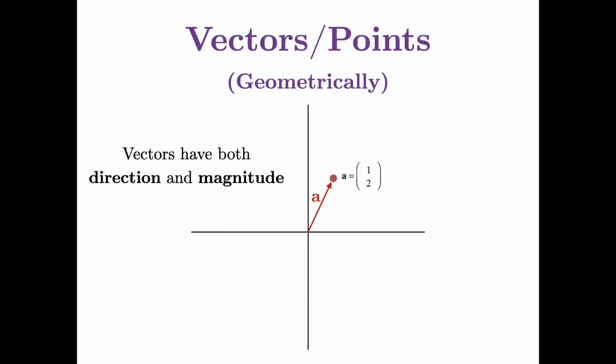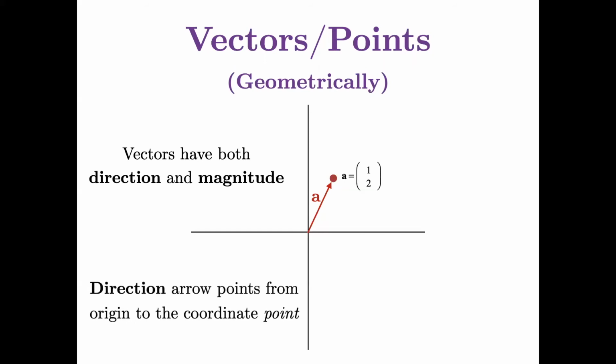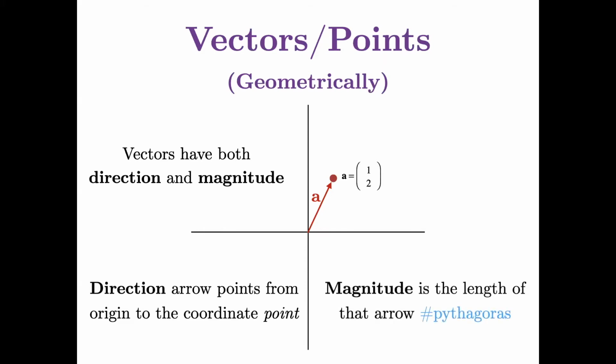So when I write this vector a, that's the vector (1, 2). It can be thought of as that red point, but also as this direction arrow that points from the origin to the corresponding point. The magnitude is the length of that arrow.